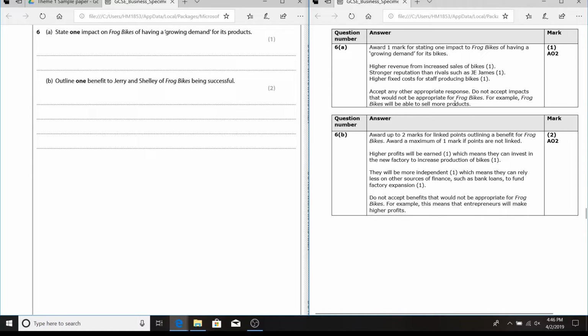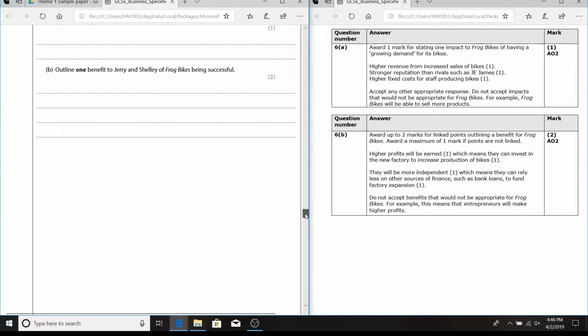So examples for each of these are included here and here. Just remember, you need to extend your point to get 2 marks on these outline questions. You need to extend that. So you've got to identify a point and say, this is because, okay.